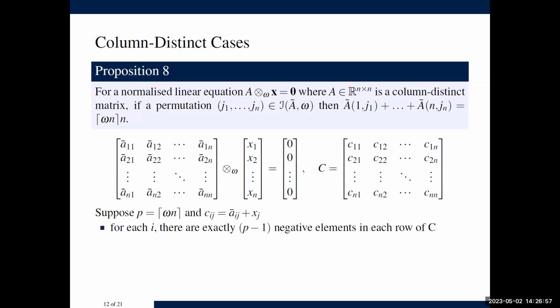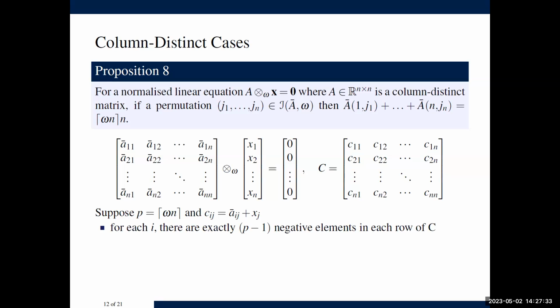Okay, this one. Remember that this matrix C is simply where C_ij equals A bar_ij plus X_j, considering that when you multiply the first row with this factor X, you put the additions in the first row. Now, because we have P here, we want zero here as the output to be the P-th smallest element.